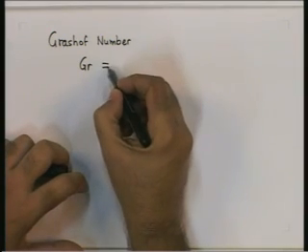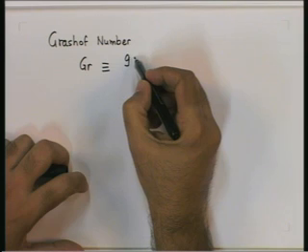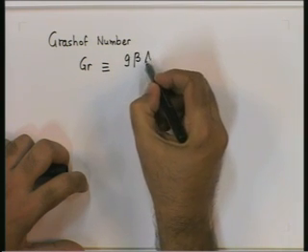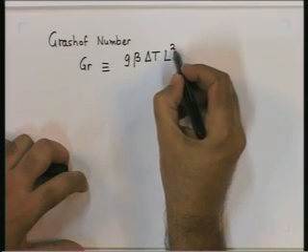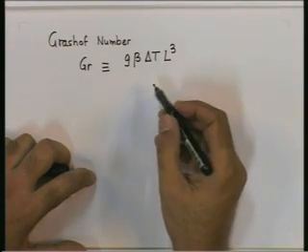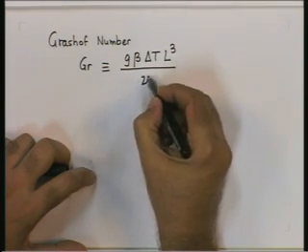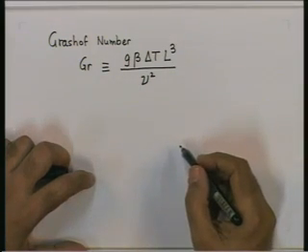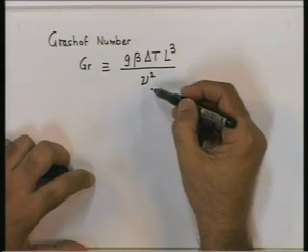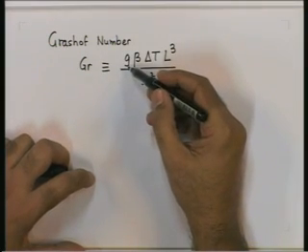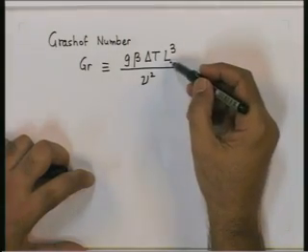Symbol Gr, this is defined as g beta delta T L cube, terms which we come across in the force of buoyancy, divided by nu squared. Notice that beta and nu would be properties. g is acceleration due to gravity, L is the characteristic length, and delta T is the temperature difference between the surface and the fluid. Delta T is always defined as a positive number.